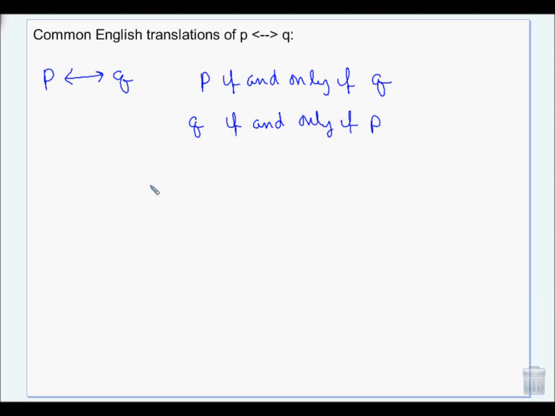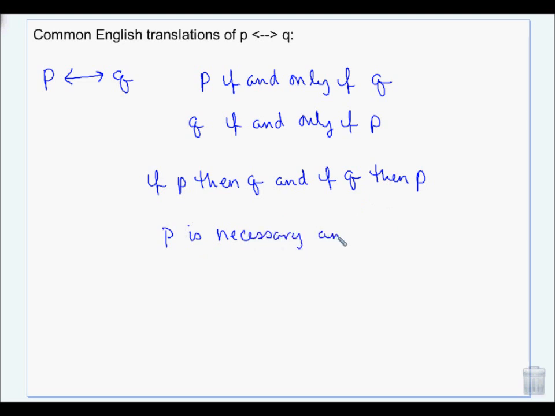This is saying the same thing as if P, then Q, and if Q, then P. P is necessary and sufficient for Q, and vice versa. Q is necessary and sufficient for P.